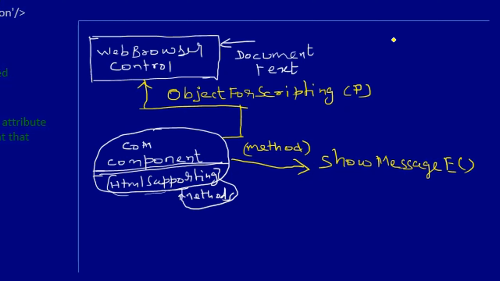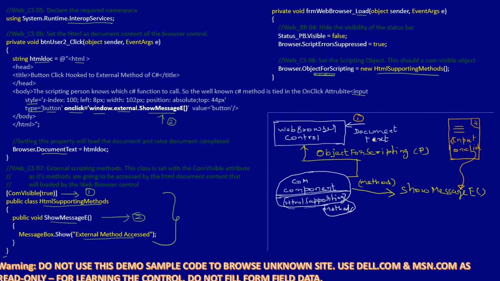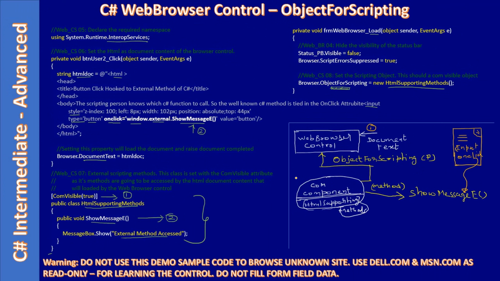So when we created the HTML document, the input element for the text box on click referred this method. And if you see the sequence, web browser control has a document text property. Here first we create the COM component and we will expose the method.